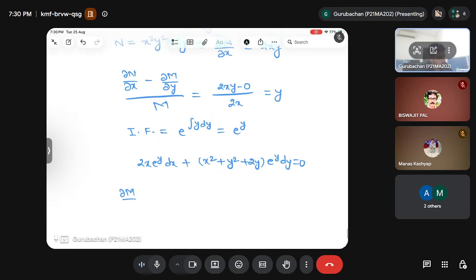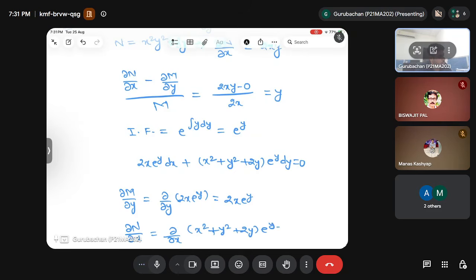Del M by del y will be del by del y of 2x e to the power y, and del N by del x will be del by del x of (x square plus y square plus 2y) e to the power y, so it will give you 2x e to the power y.